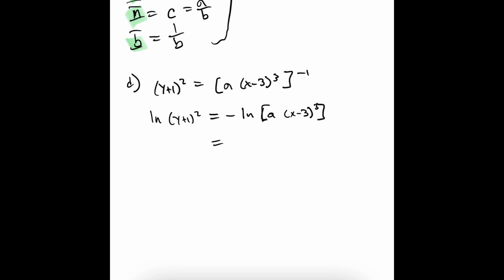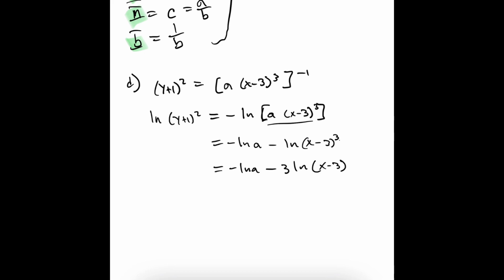We can split this log of the product up into the sum of the logs. And then we can move this exponent down. Okay, now that looks a lot more like a line.